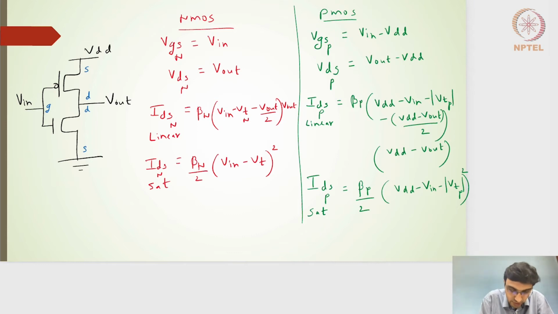So let me use my pointer so that I can direct the pointer to the specific points in the circuit. So this is basically the inverter circuit where the Pmos and Nmos transistors are in series. And this particular VDD is a higher voltage rail compared to that of the ground.